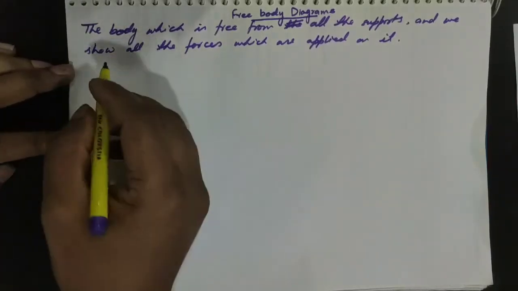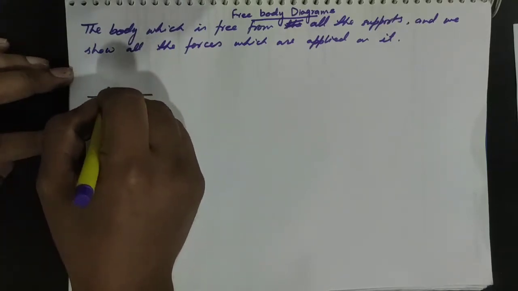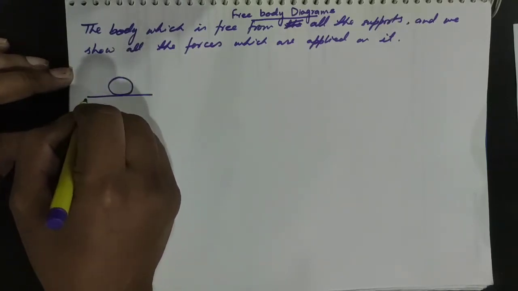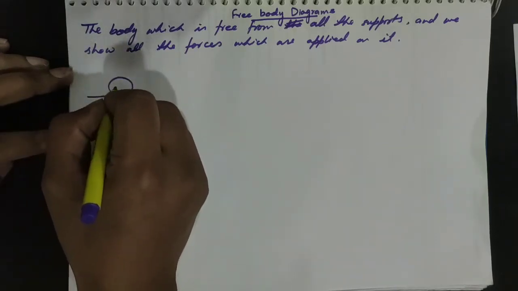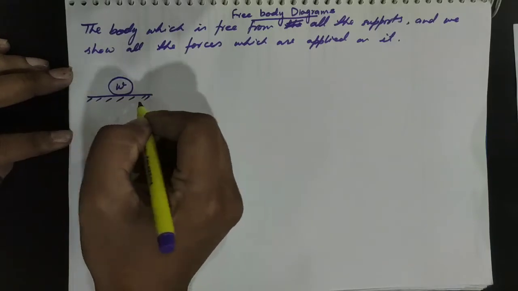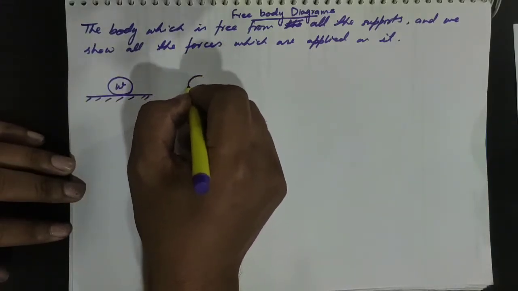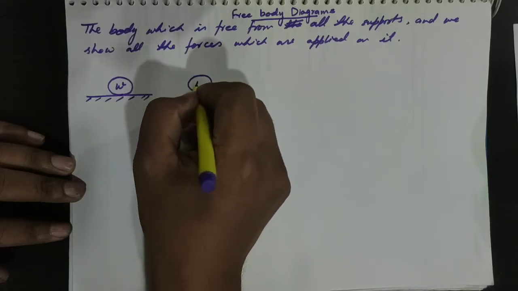Like, I will give you one example. We are having a body like this, a body which is resting on the surface. The weight of that body is small w. For the free body diagram of that body, we make the body like this.